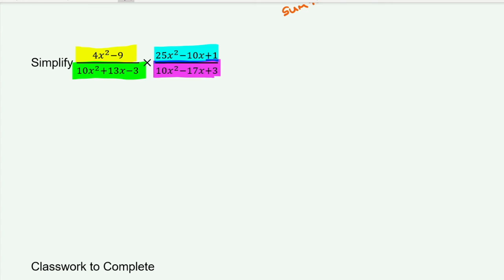Okay, so I'm going to do each of these in a different color. So let's look at 4x squared minus 9. Well, that's a difference of 2 squares problem. So if I take the square roots, just like that, and now I can put them into brackets.